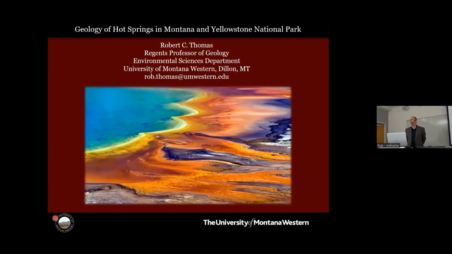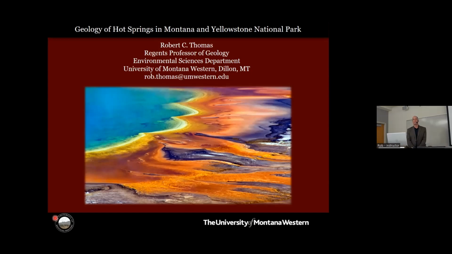And so from those experiences, I hope to educate you today on how it is that hot springs work in 3 basic areas of our region: Western Montana, Eastern Montana, and Yellowstone National Park, because all 3 are different from one another.